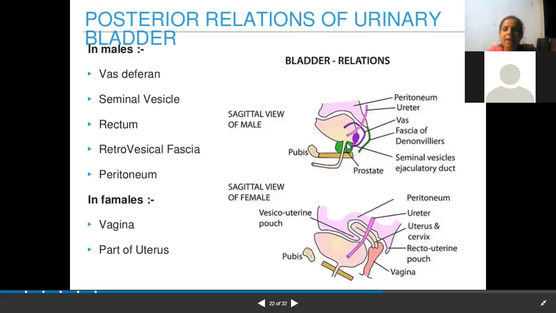This green gland at the neck of the urinary bladder is the prostate, and this violet lining behind is the vas deferens, which comes as a part of the male reproductive system. Then these are the seminal vesicles. Behind we will see the vas deferens and seminal vesicles.